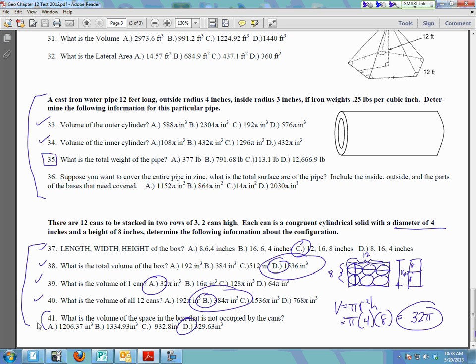In the homework and stuff that we've seen in class, this would be the only question that they asked. And some of us had trouble with that because we couldn't walk through the process, the problem-solving skills, to come up with what we needed to do to actually get 329.63 cubic inches. So hopefully this format walked you through those steps and helped you get there.